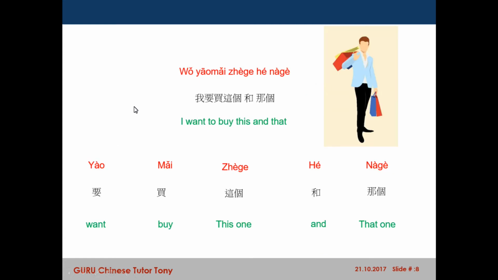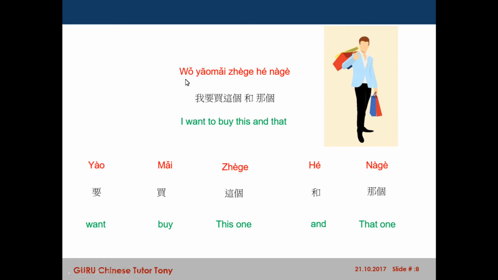Okay, so the buyer is going to say I wanna buy this and that: 我要买这个和那个. 要, want. 买, buy. 这个, this one. 和, and. 那个, that one.